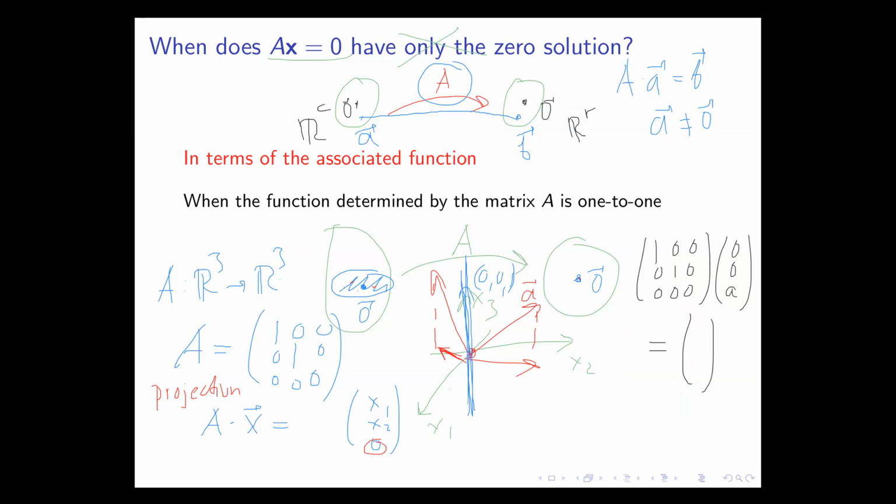Zero, zero, zero. Yep, exactly. So no matter what A is, every vector like this will go to 0, to just one point here.